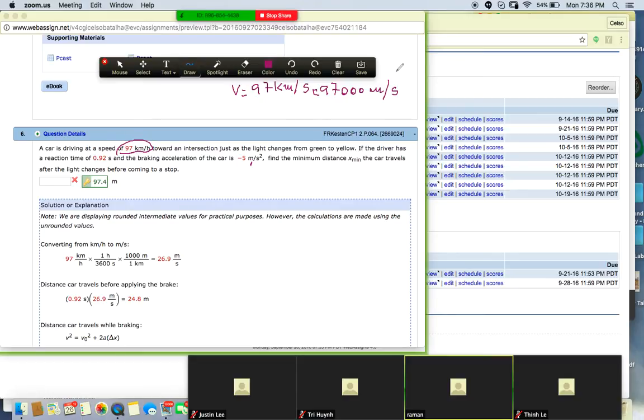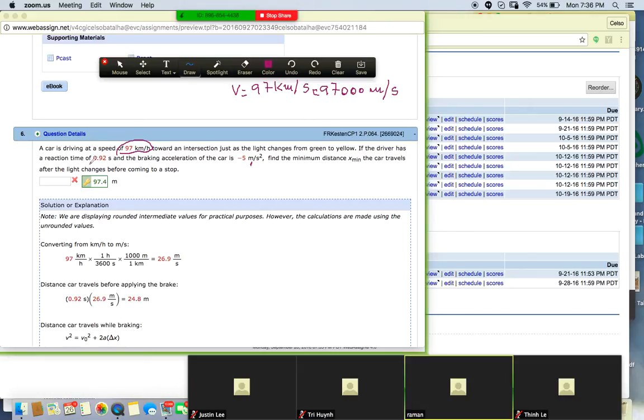Okay. And just as the light changed from green to yellow, so you're driving the car, the light is green, and then it changed to yellow. So what do you have to do? Well, depending on where you are, if you are way far, you have to stop by pressing the brake, right? And then the car stops. Or what you should not do is to speed up and try to pass the intersection, which might cause an accident. But let's keep reading.